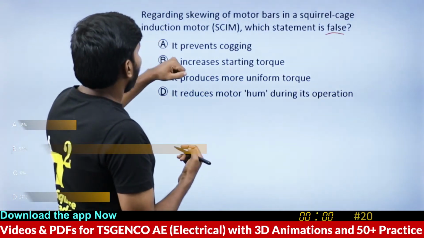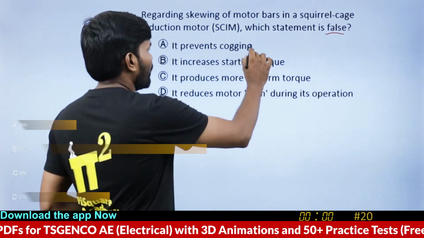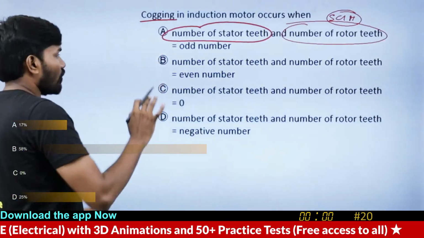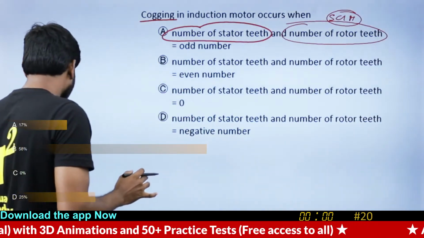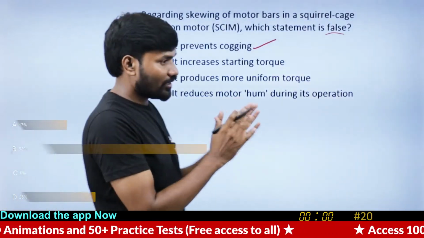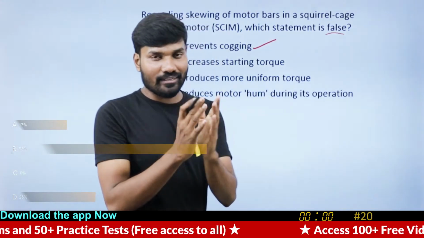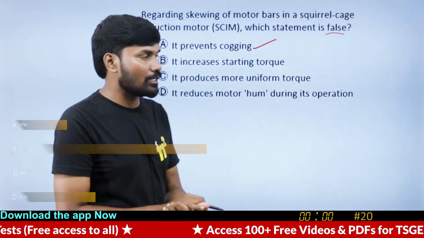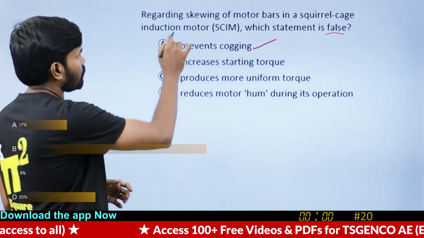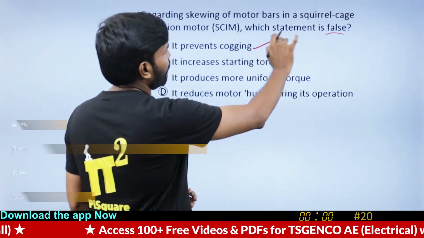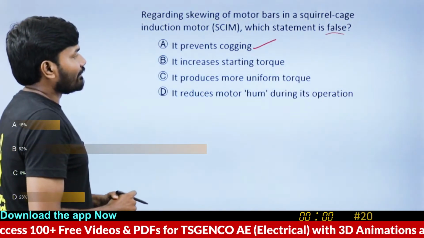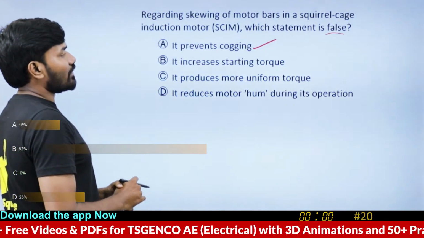So it prevents cogging definitely. To overcome this problem, either don't make the rotor-stator ratio an integer multiple, or if you have to make it an integer multiple, skew it. Skewing will also prevent the cogging, but it is asked for a false statement, so let's take it. It increases the starting torque.